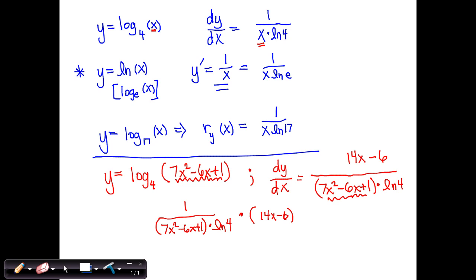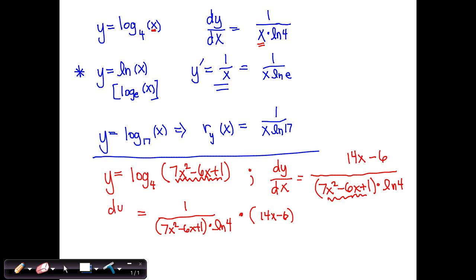But if you do see just a times 1 where you can make it look a lot shorter, feel free to do something like that. So in general, for your mastery test, I don't want you to be simplifying, doing a lot of algebra, but things like that where it's not changing any numbers or making it look a whole lot different, that's fine. So in any case, either of these two expressions are the derivative of this y here.